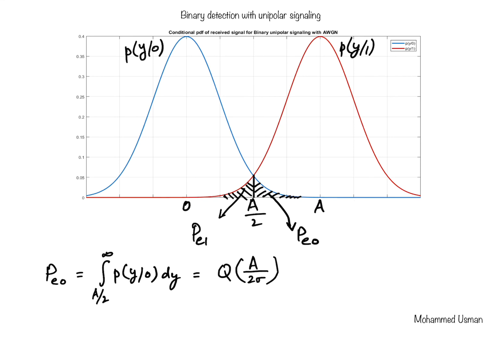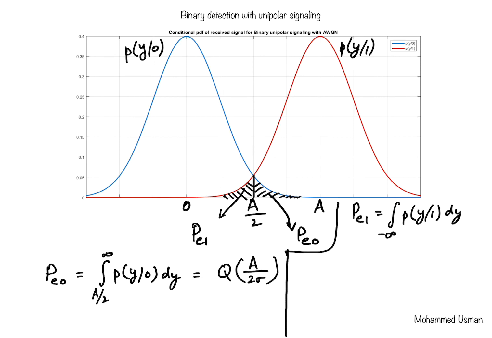So let's write that. The error probability when 1 is transmitted is the area under the red PDF, which is P of y given 1 dy, to the left of a by 2, which is from minus infinity to a by 2.